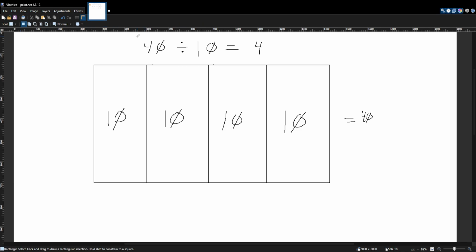One of the ways you can think about this is if I have a classroom of size 40, so I have 40 students, and I split them into groups of size 10, how many groups will I have? Well, I will have 4 groups of size 10.